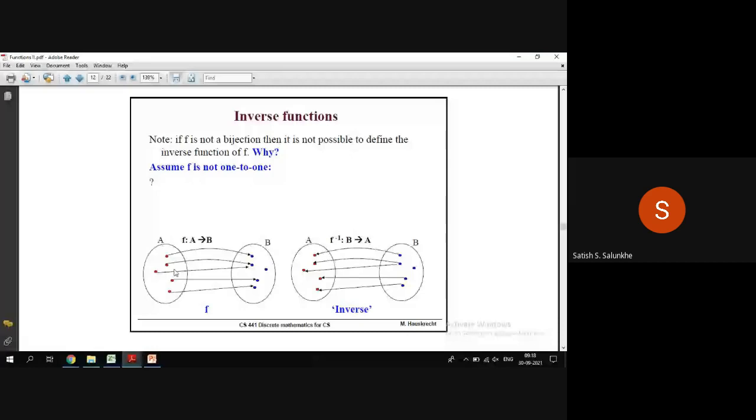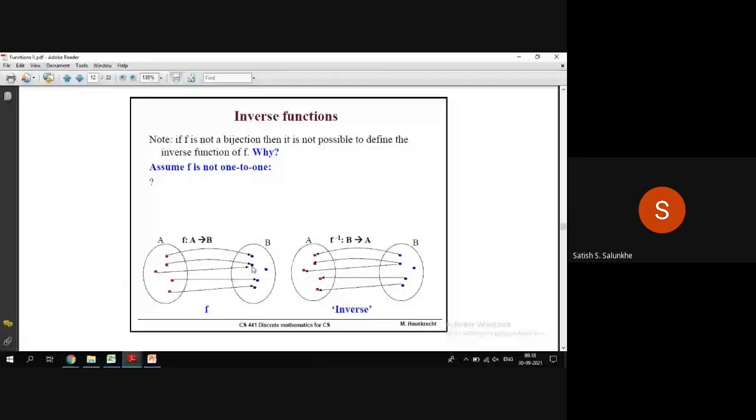It is just like assume you have 2 and minus 2 and the function is square. You map 2 to 4 and minus 2 to 4. If you want to know f inverse of this, there is no unique pre-image.